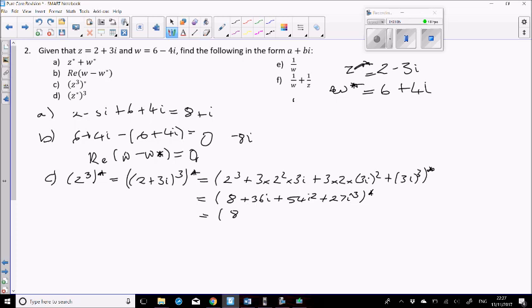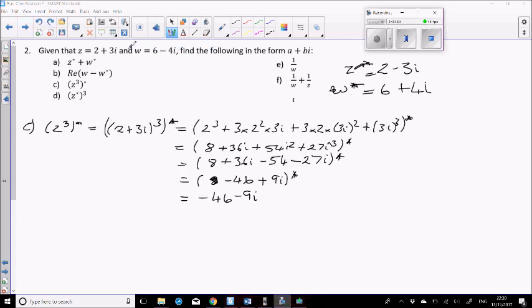Right, so then we're going to simplify that by remembering i squared is negative 1, and then we can take another i squared out of the i cubed. So 8 minus 54, let's simplify that in one go. So negative 46 plus 9i, but we want the conjugate of that, so negative 46 take away 9i.